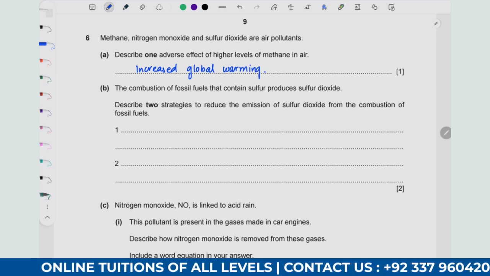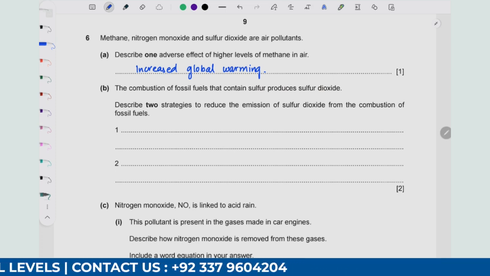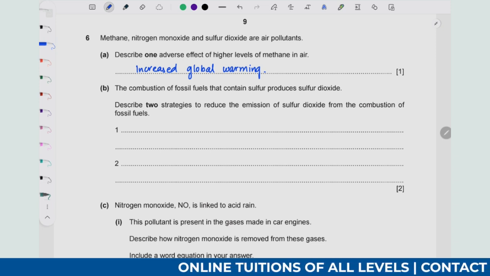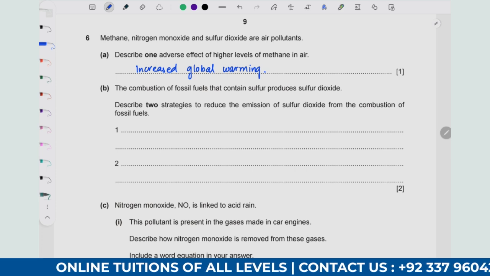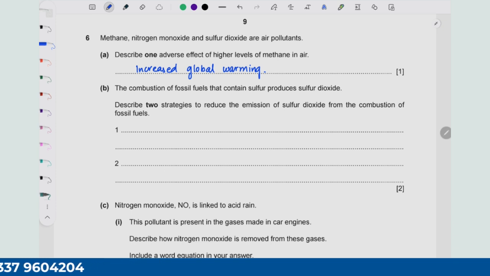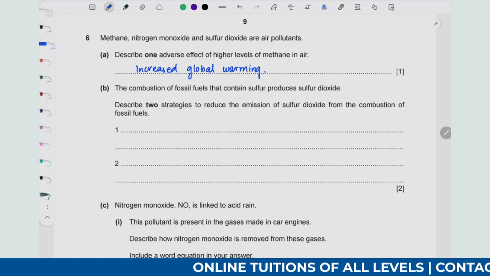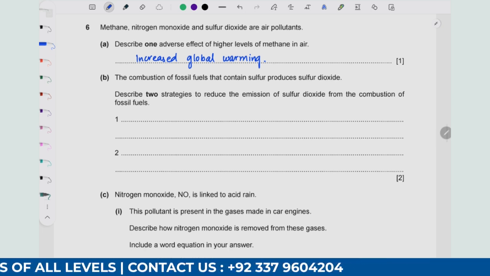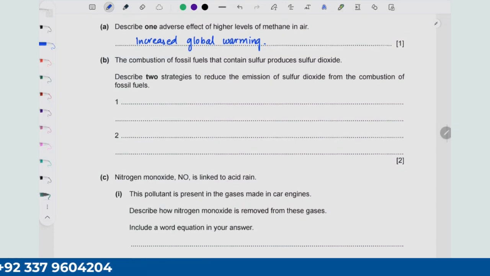The combustion of fossil fuels that contain sulfur produces sulfur dioxide. Describe 2 strategies to reduce the emission of sulfur dioxide from the combustion of fossil fuels. So we can say that we can react the sulfur dioxide with calcium oxide to reduce the emission of sulfur dioxide. We could use low sulfur fuels like low sulfur petrol, or we can use fewer fossil fuels, or basically we can use renewable energy resources in which there is no sulfur dioxide emission.